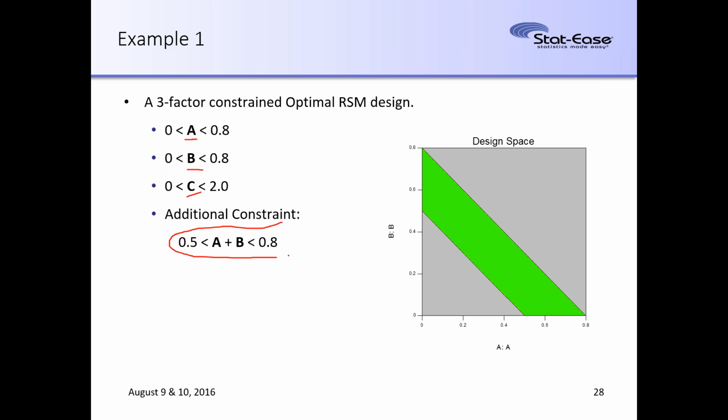Now there's an additional constraint that the sum of A and B has to be between 0.5 and 0.8. Turns out that if you put this in Design Expert, you get a design space that looks like this. At any level of C, you get this kind of 4-sided trapezoidal figure here. This isn't a regular design space, but this certainly happens in practice.